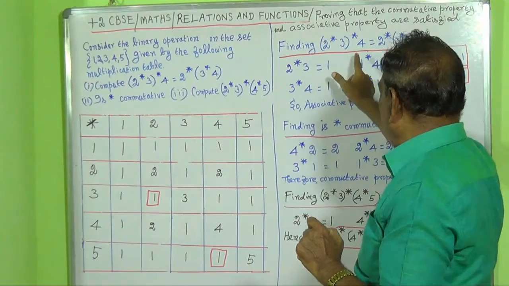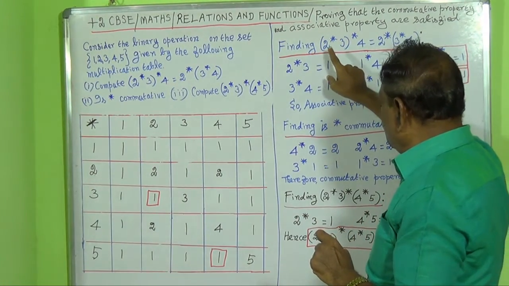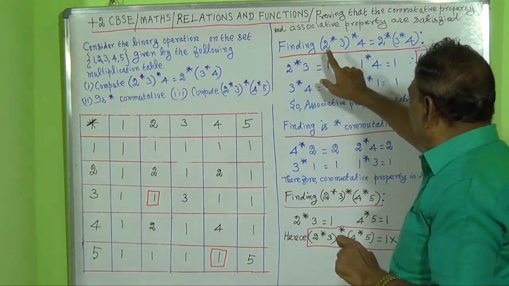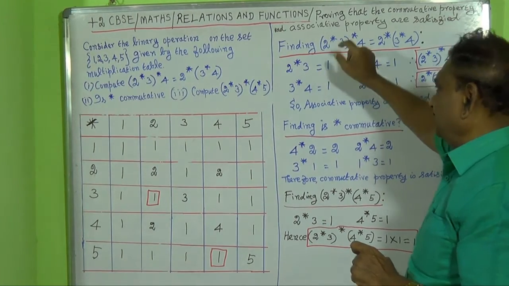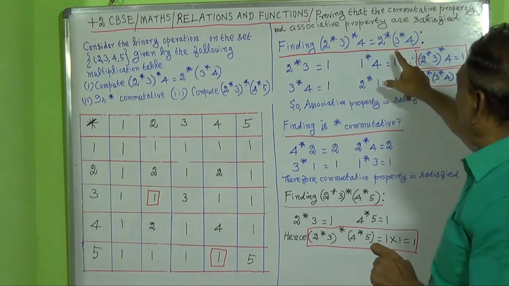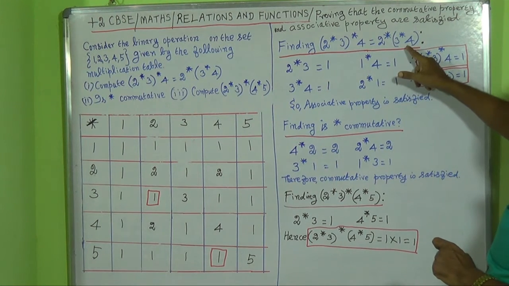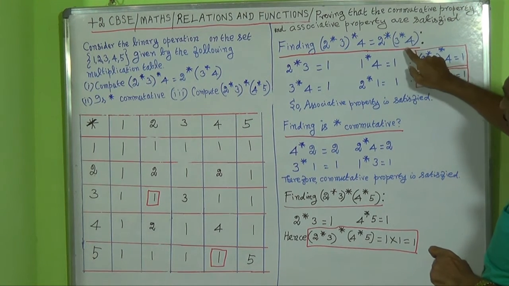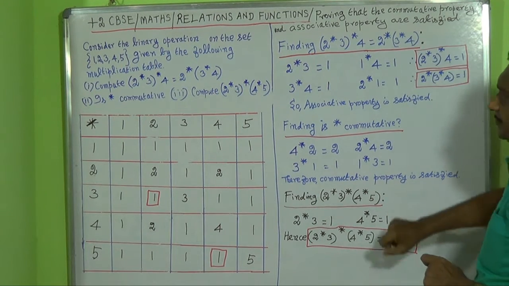On the left side, the parenthesis is put between the first and the second number. In the case of the right side, the parenthesis is put between the second and the third number.